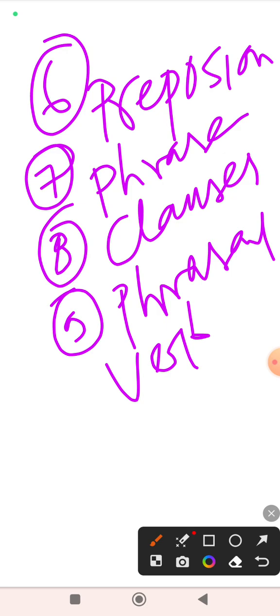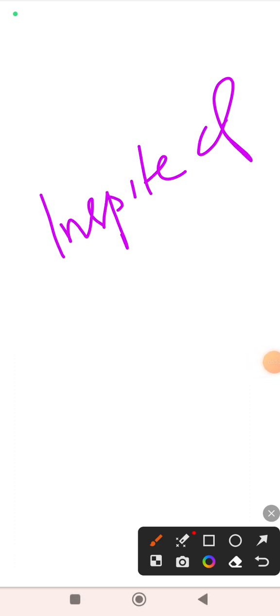You have prepositional phrases also, like in spite of. If I write in spite of, that is a prepositional phrase.